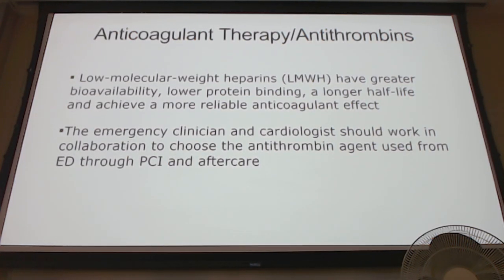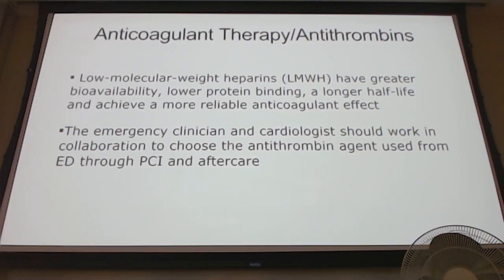There's the low molecular weight heparin. It does have a longer half-life, which is why we're hesitant with it, because we can't stop any bleeding if we have side effects from it, or we can't stop the medication's effects, but it does have a more reliable anticoagulant effect.